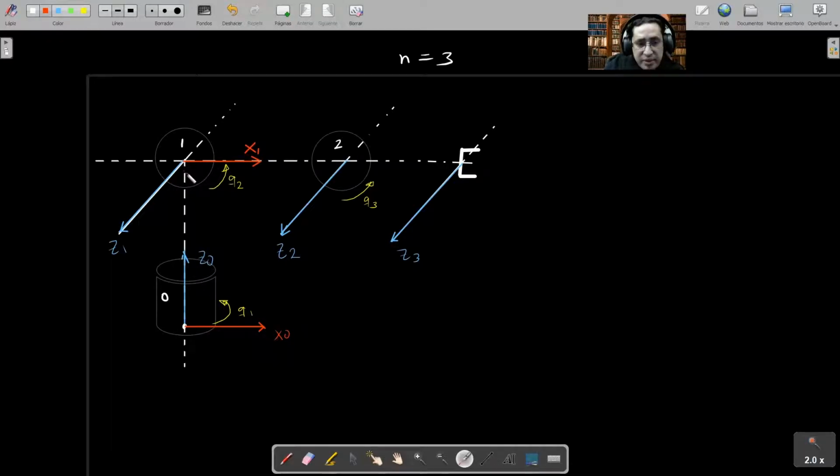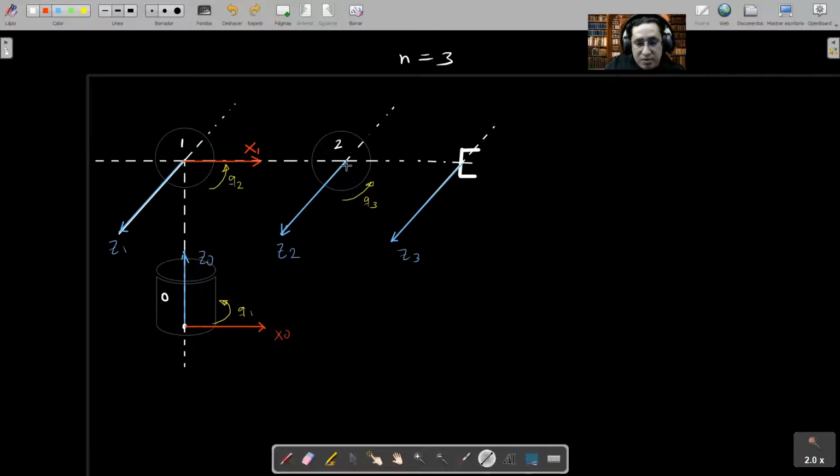Okay, next, zeta 1 and zeta 2 are parallel, and they have infinite possibilities for the common normals. But we're going to choose the only one which lives in the plane which contains these two joints of the robot.